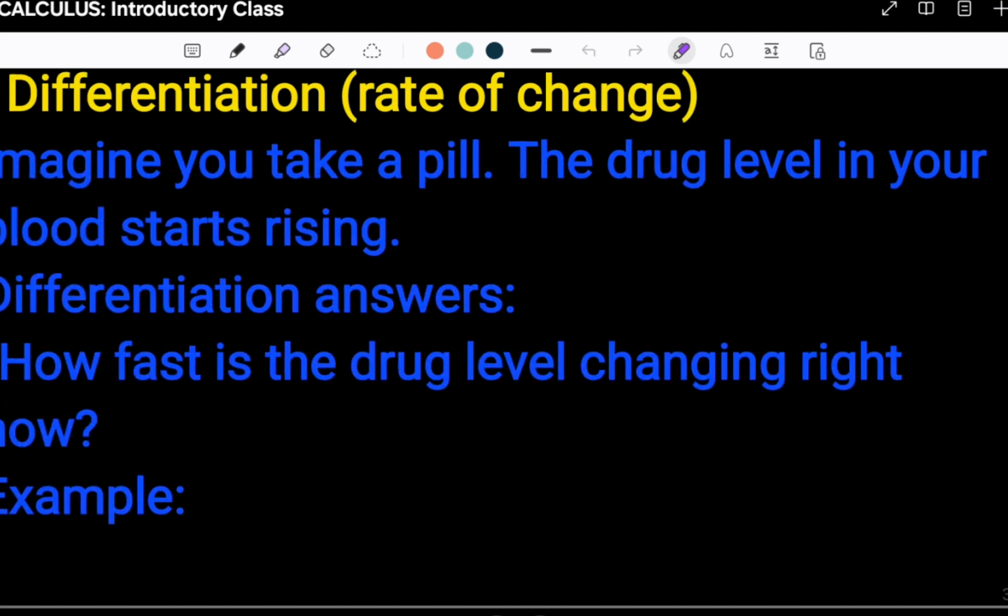Now let's move back to our example of medicines. Now we know that differentiation refers to the rate of change. Imagine if you take a pill, the drug level in your blood starts rising. Differentiation answers how fast the drug level is changing right now.